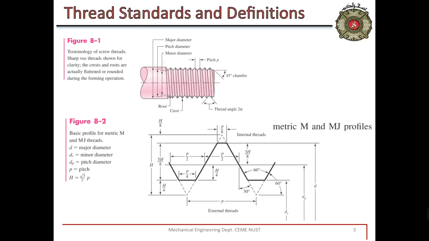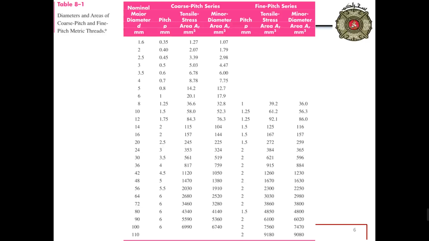Then we studied thread standards and different types of values, in table number 8.1. In table 8.1, they have given us different nominal diameters of power screw or pitch diameter. With reference to each diameter, they have given us the pitch of the coarse series and the fine series.